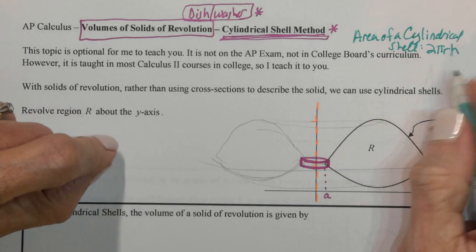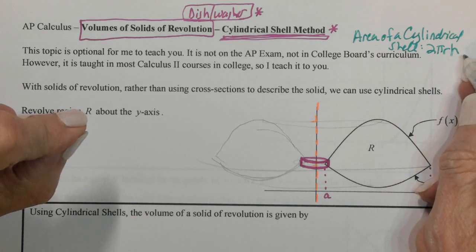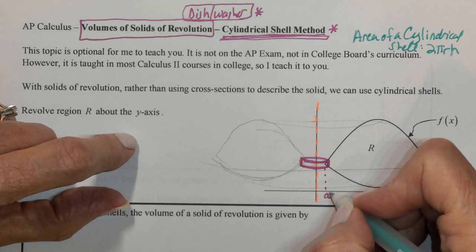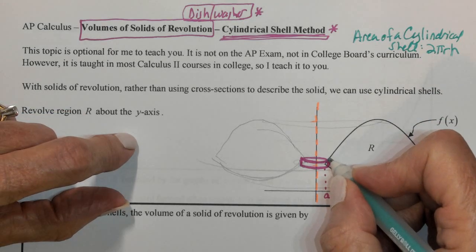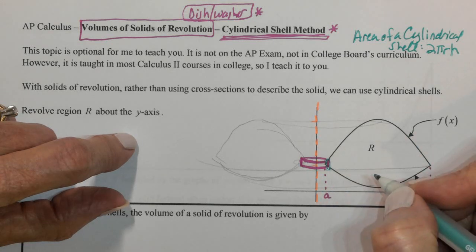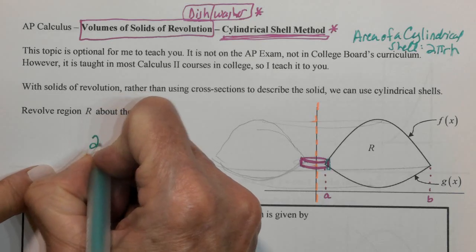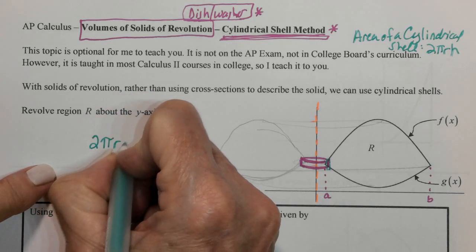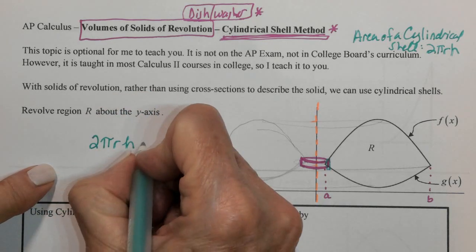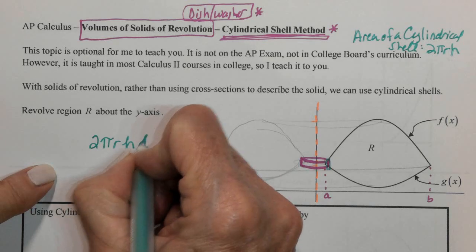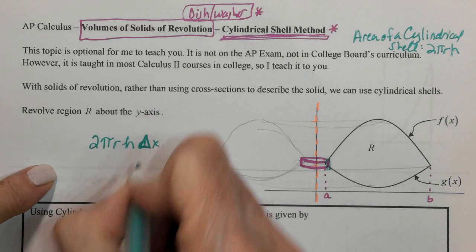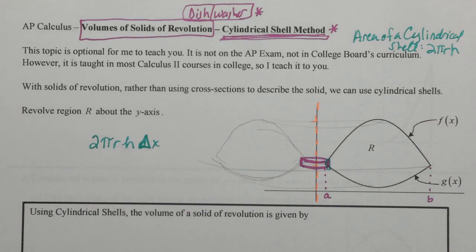Once we give it thickness, then we're going to be multiplying it by a little thickness, which in this case is a dx, because the little thickness is in the x direction, right? So the volume is 2 pi r h times our little thickness. Oops, I should have called that delta x, not dx. The dx will come, right?